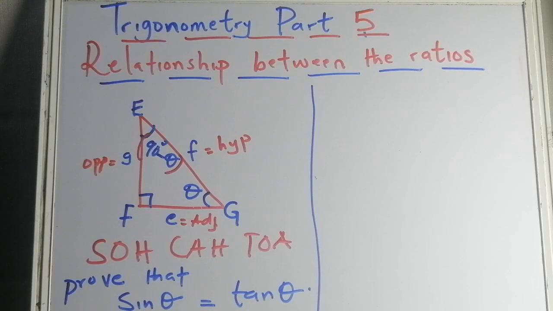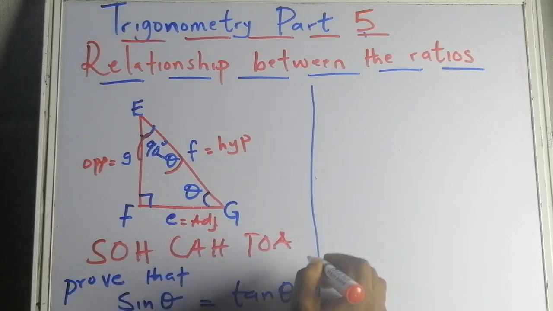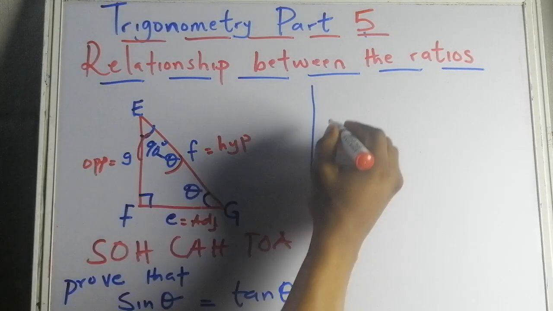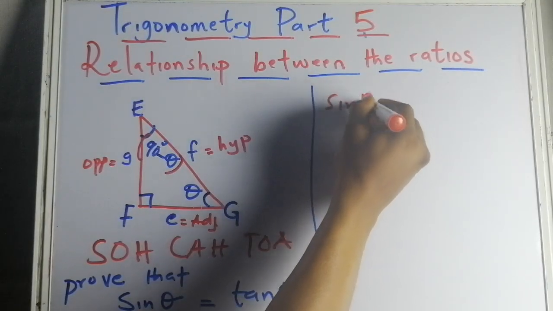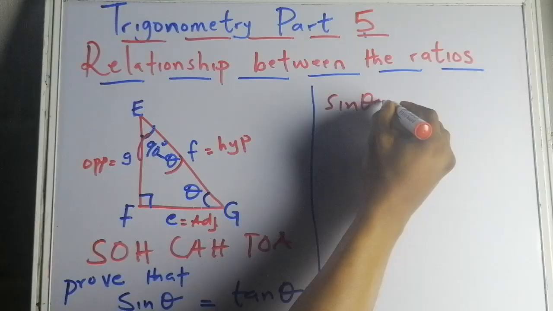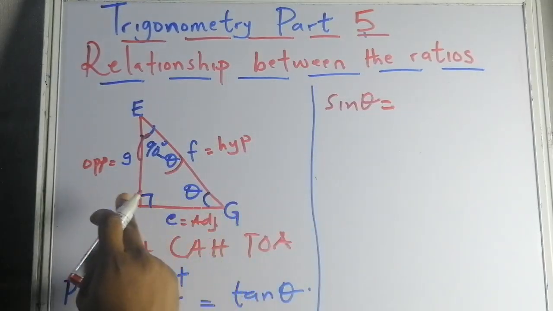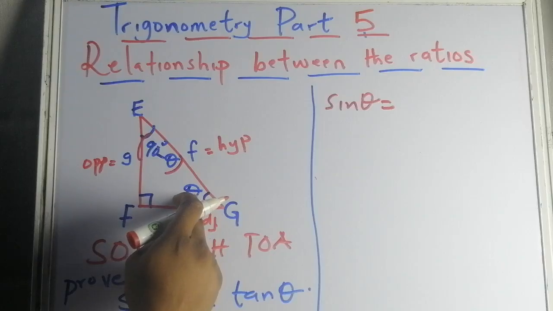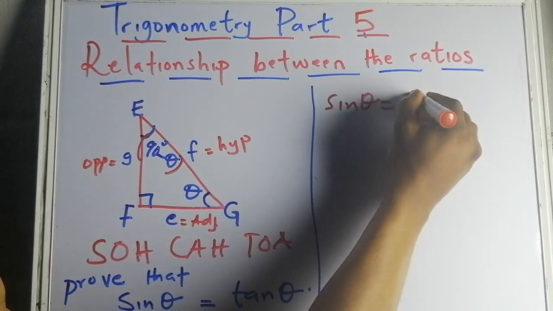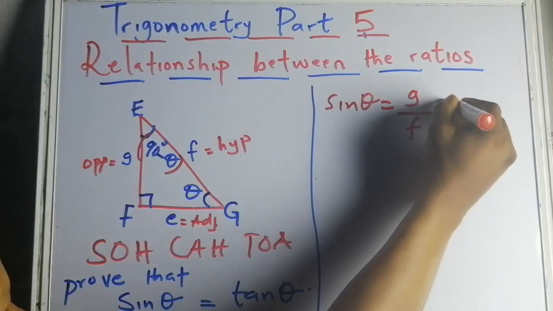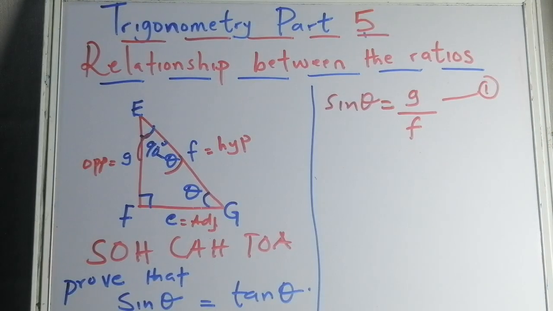From our sine theta, as mentioned in part 4, what is sine theta? Opposite over hypotenuse. So my sine theta equals, for this angle theta, the opposite, which is G, over F. That's equation 1.